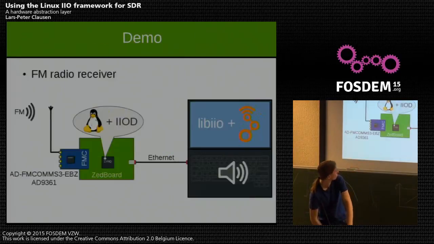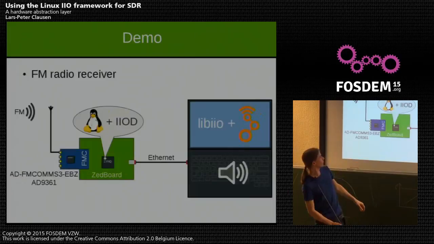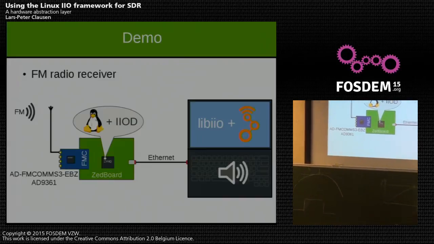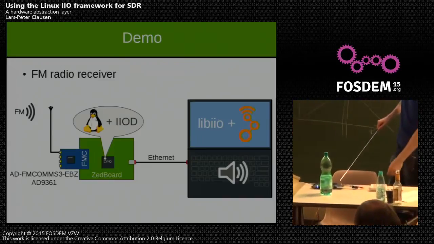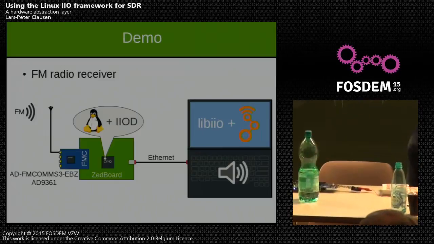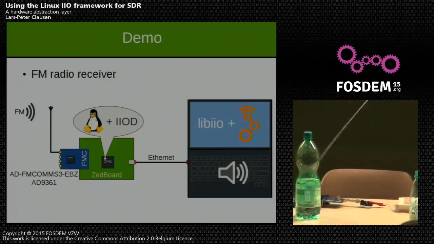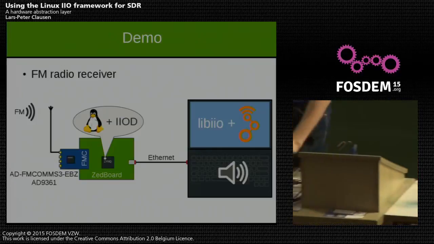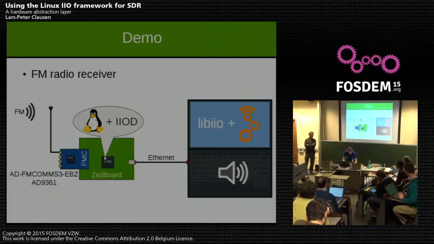So only going to explain what I was going to do. We have our high-tech FM radio antenna. We have the AD9361. We have the FPGA on a Z board connected to my laptop via Ethernet, and on my laptop is running GNU Radio.